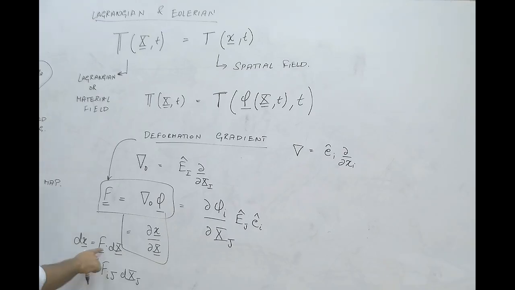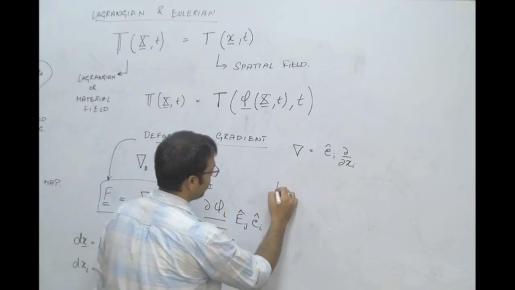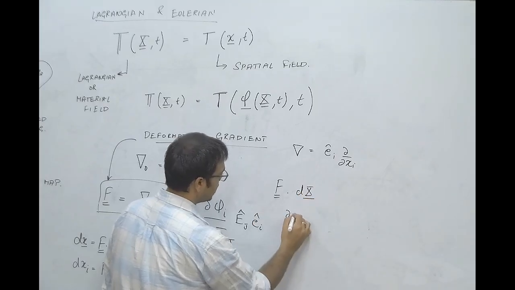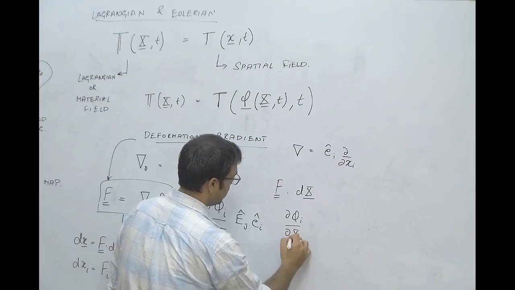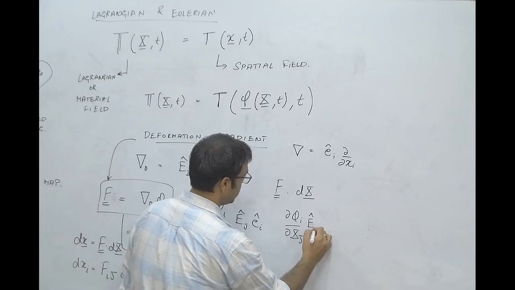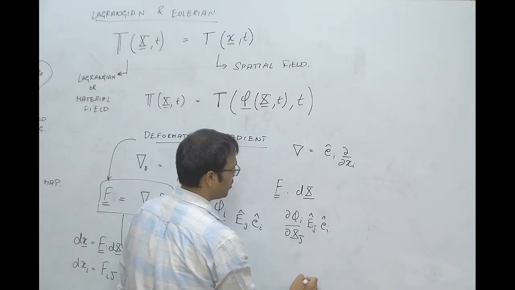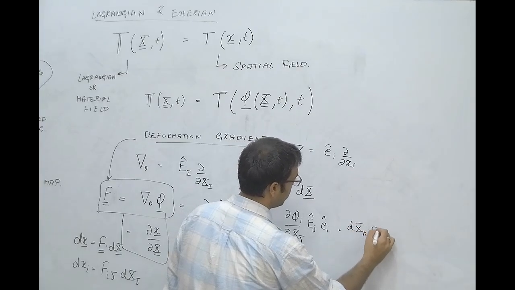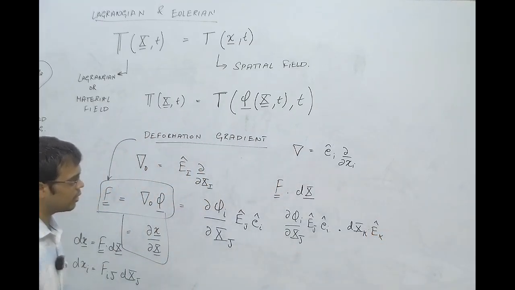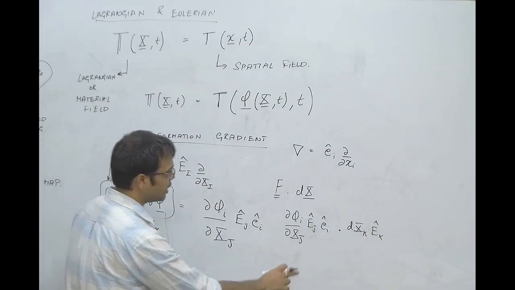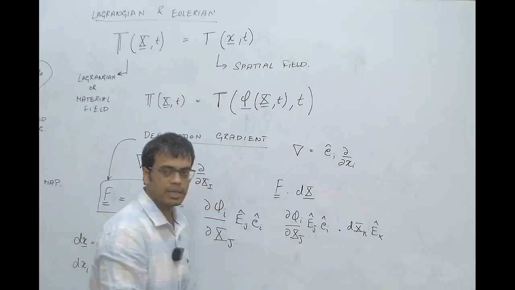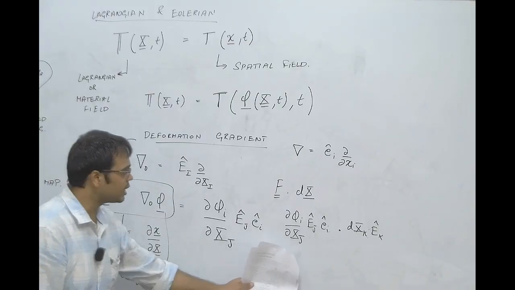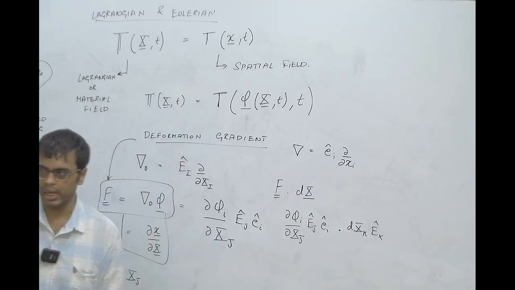When I write f dot dx vector, I'm going to write it as del phi_i over del capital X_j, E_j E hat_i, dot with dx, let us say capital K, capital E hat_K. Only then I can say that E hat_j and E hat_k, since we are looking at Cartesian coordinates, give me delta_jk, and then I can replace this k with j or this j with k.